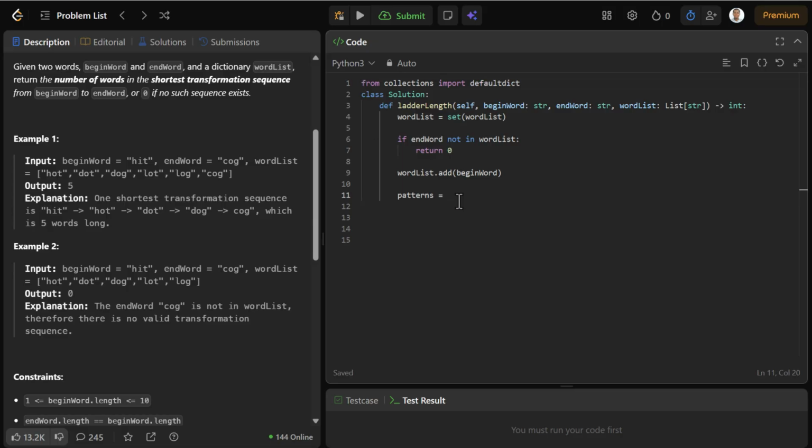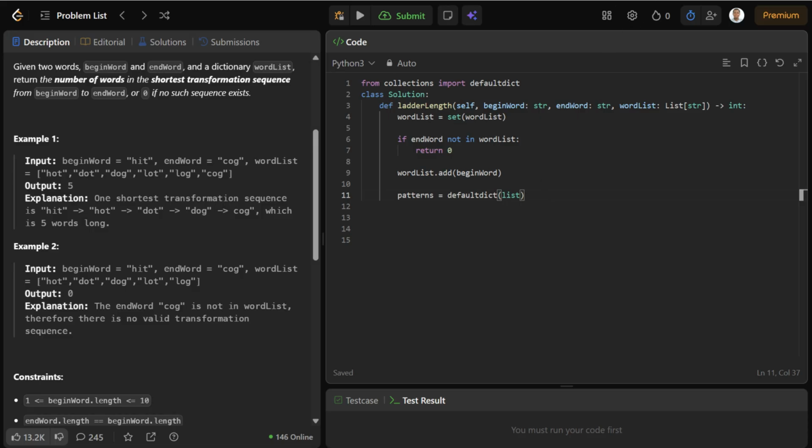It should have defaultdict, and the default values should be a list. What this does is that it creates an empty dictionary, and any key you try to add is assigned a default value of a list. That's just the meaning of that.